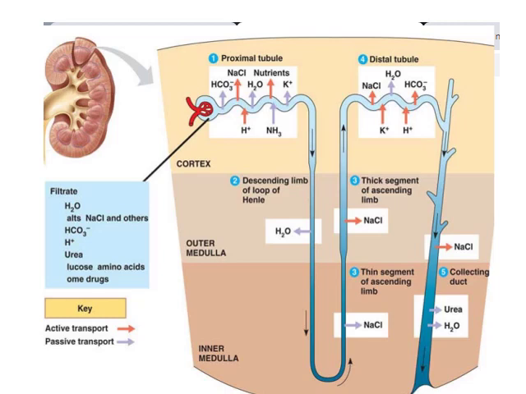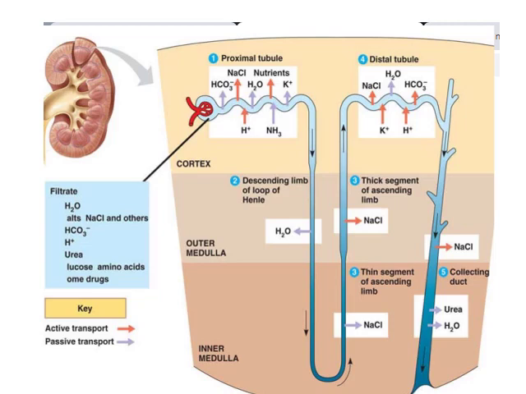Then in the descending limb water will move out, and as water moves out, the filtrate will become more salty. Then NaCl will also move out by active transport because it is across the concentration gradient, not along the concentration gradient. Then sodium chloride will move out in the thick segment of the ascending limb.